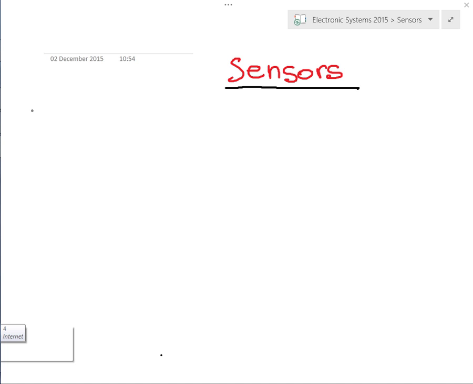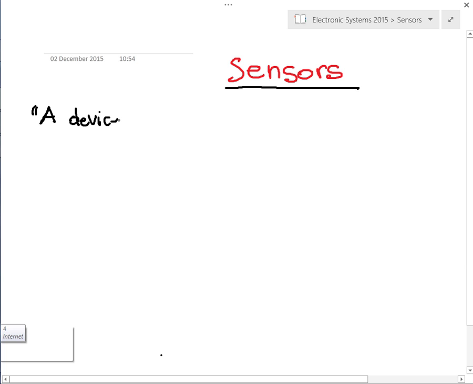Okay, today we talk about sensors, and we start from the definition. A sensor is a device, in the sense that it performs a function.